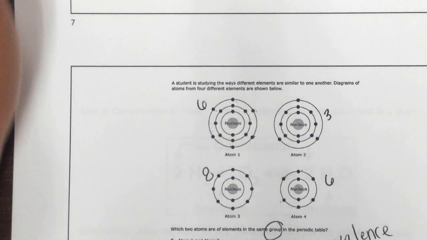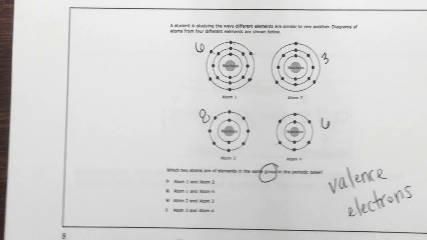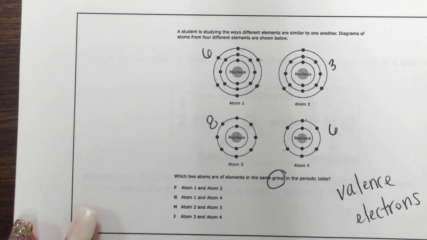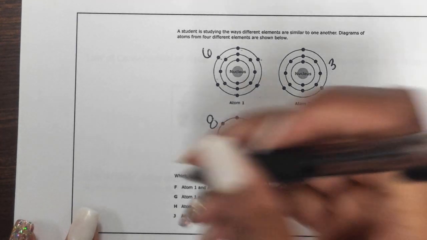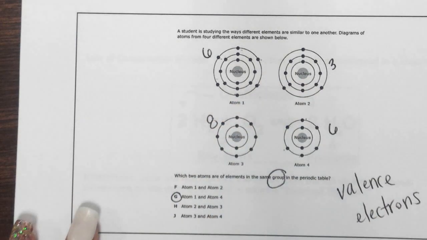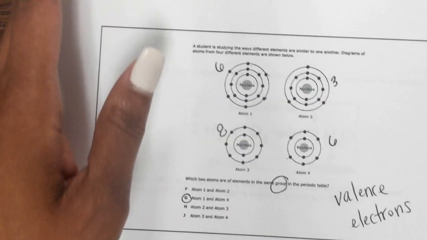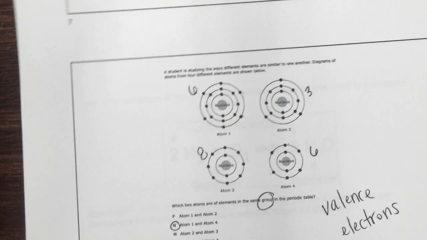All right. So which 2 elements have the same number of valence electrons are of course in the same group. So this is going to be atom 1 and 4, G. All right. So now we're going to go to the next question.